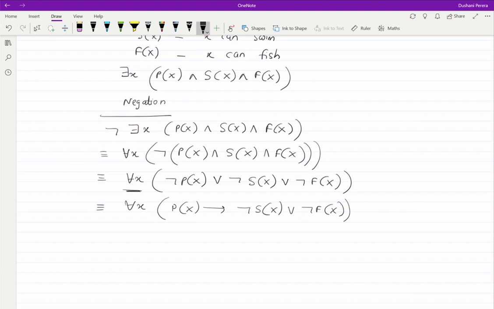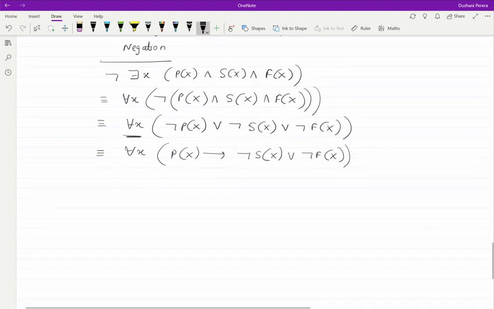For all x, if it's a pig, it cannot swim, nor can it fish. So let's write this down in simple English. All pigs cannot either swim or catch fish.